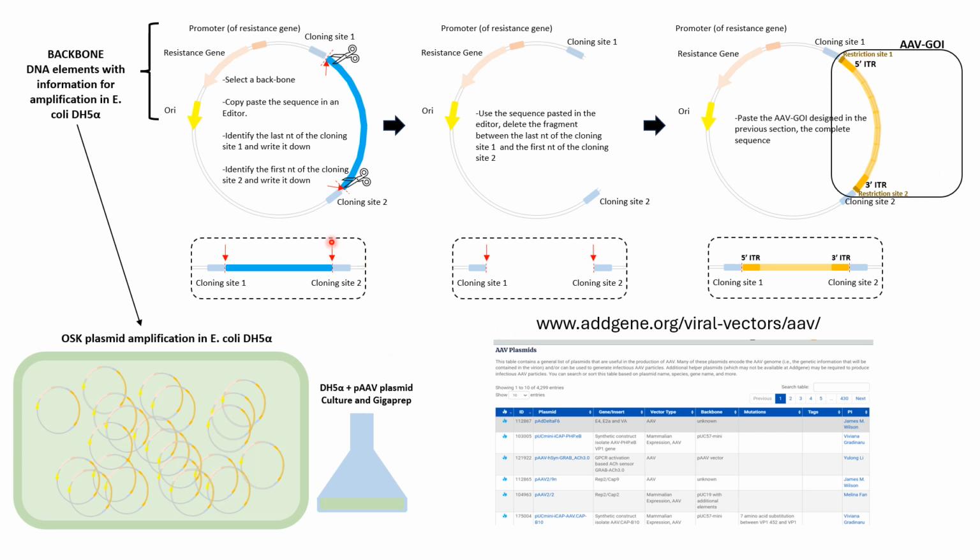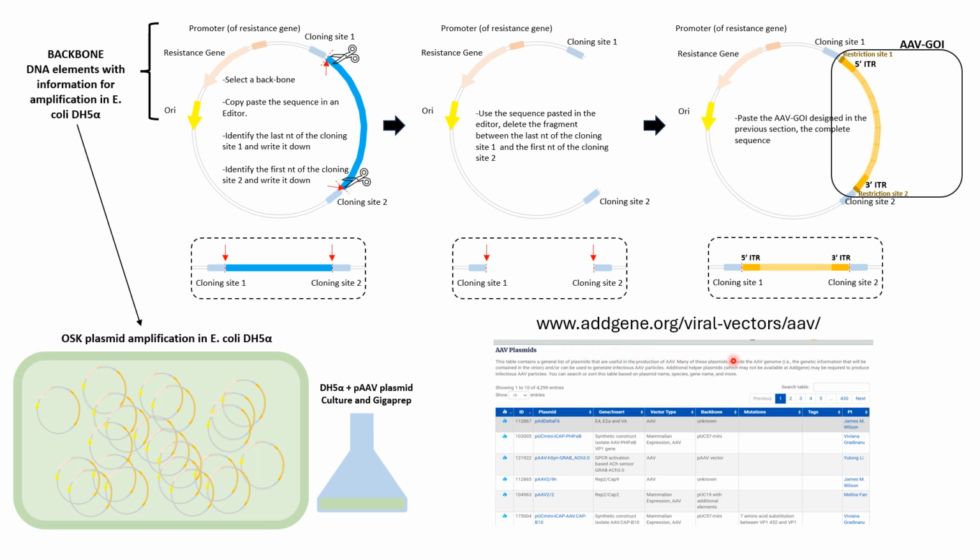so the first thing that we need is the plasmid, okay, the backbone that has this information for amplifying the plasmid inside bacteria. For example, for pAAV plasmids, these are plasmids that work very well with genetic material from adeno-associated virus.